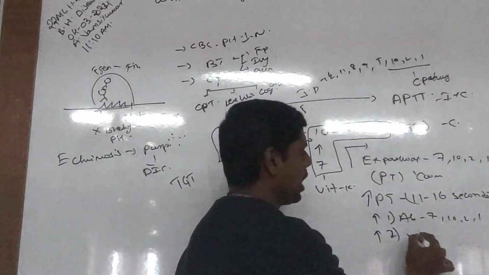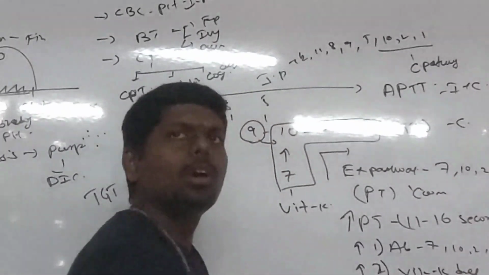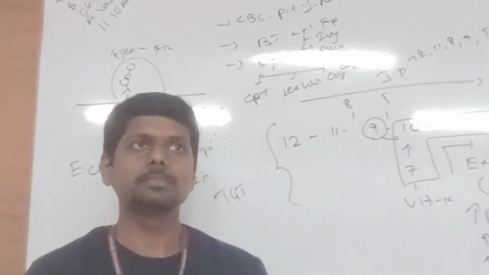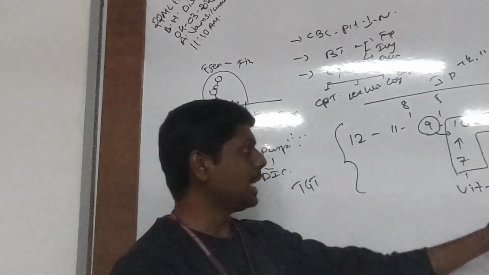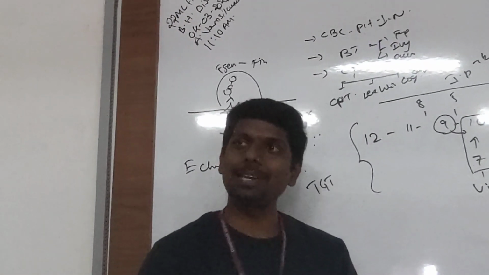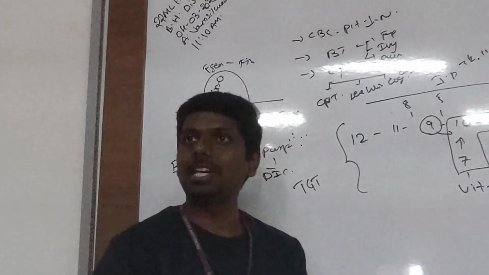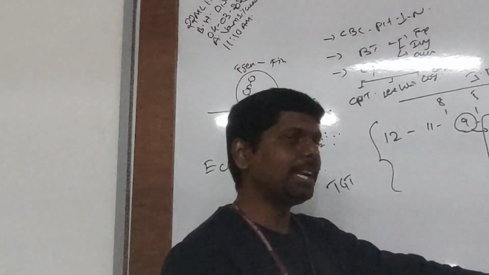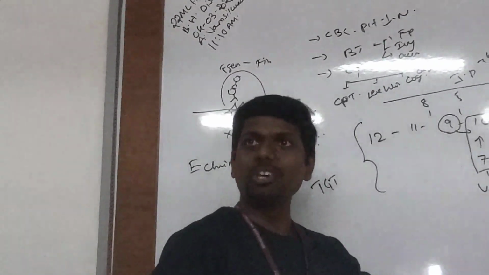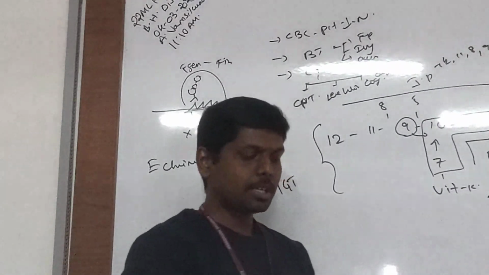What if the patient is vitamin K deficient? What happens to the PT? Then PT will increase, right? What is the reason? Because these clotting factors are dependent on vitamin K. So elevated PT can indicate vitamin K deficiency or absence of any one of these clotting factors. Then the other one.